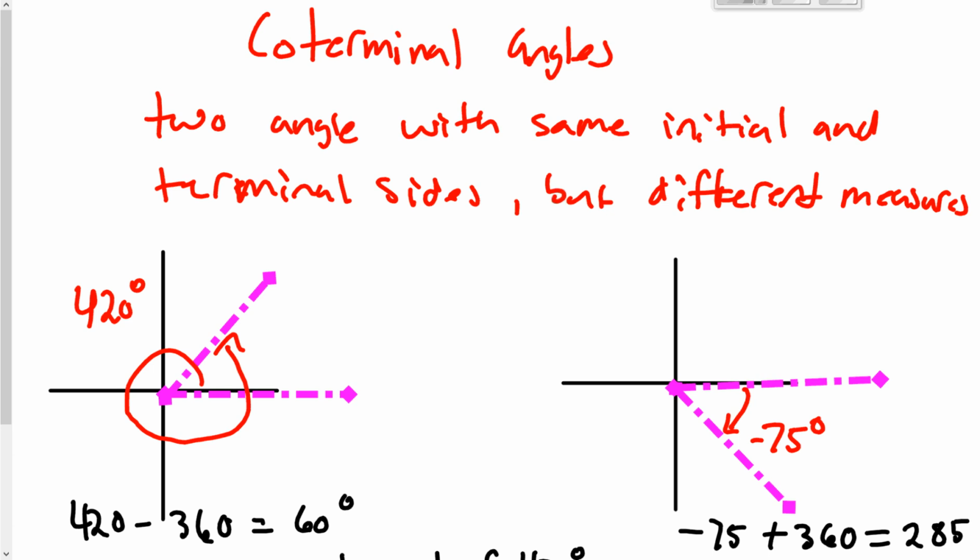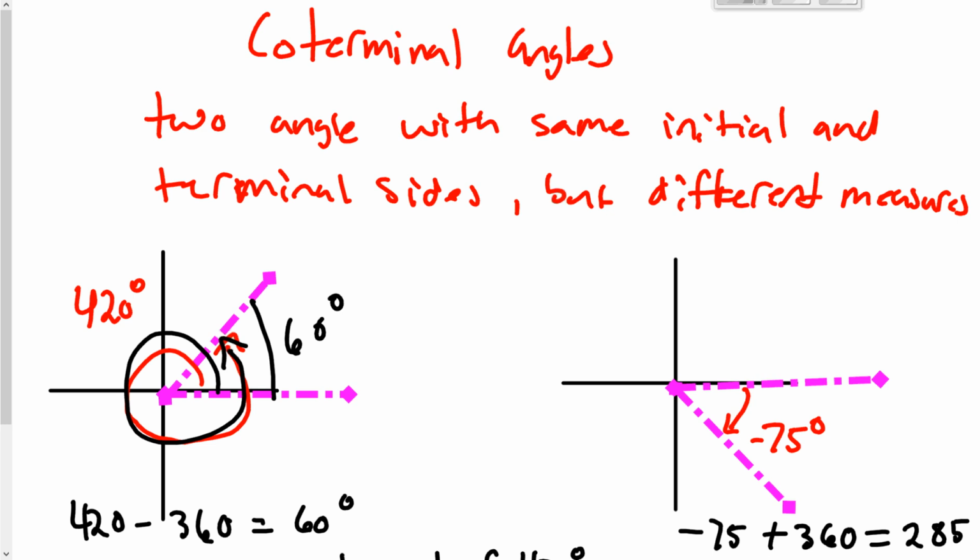For instance, this measure 420 starts at the initial side right here, goes around, and ends right here in the first quadrant. So that measure is 420 degrees. Well, it looks the same as a 60 degree angle, so those are called coterminals. 420 and 60 are coterminals because they start in the same spot and land in the same spot, even though they have different measures.